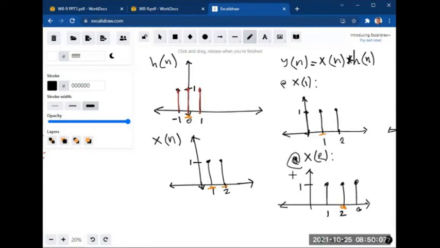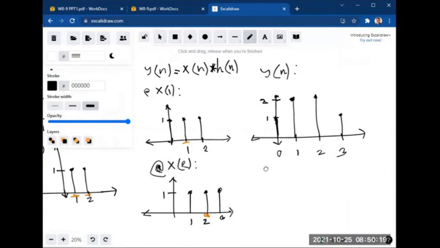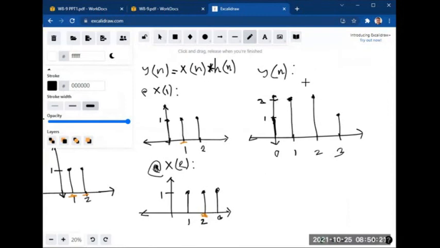At n equal to 2, 0 at 2, right side pulse, left side pulse. Then the y of n or the output is we add all of the signals.